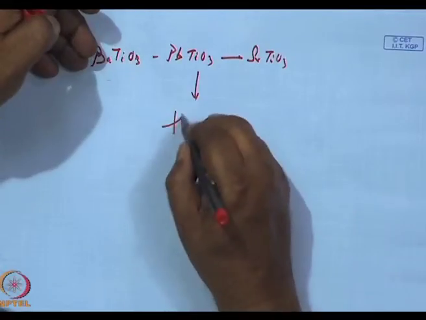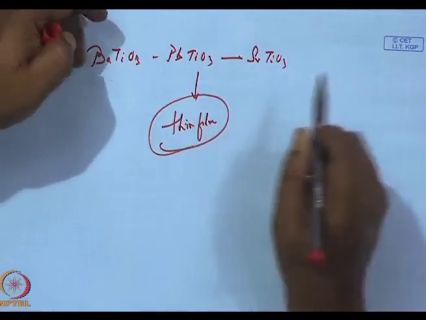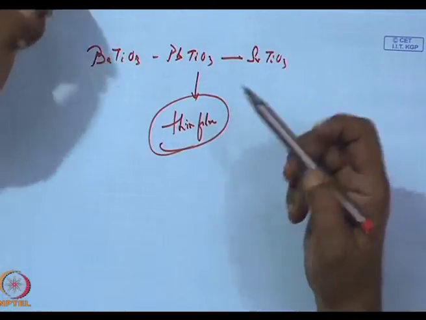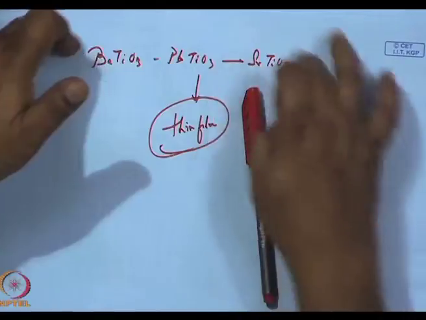So thin film of this by alkoxide based processing looks very exciting, because here it is from one gel, one sol, where all the three are there in our desired ratio, we will get that particular coating. We would not have problems like physical vapor deposition.